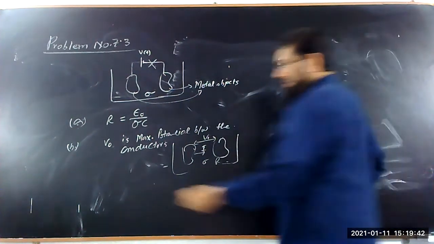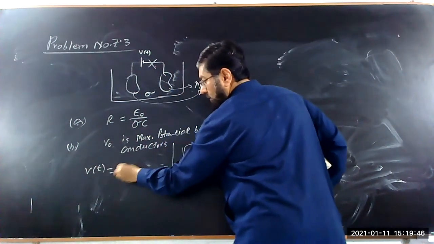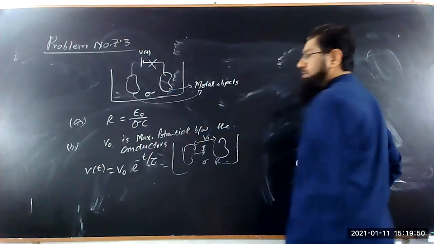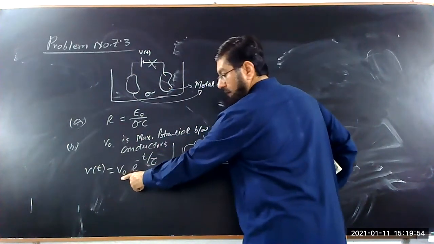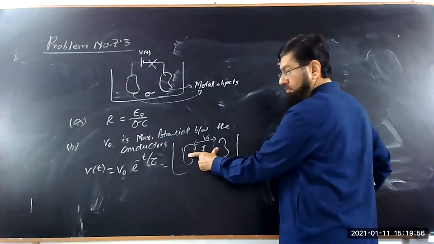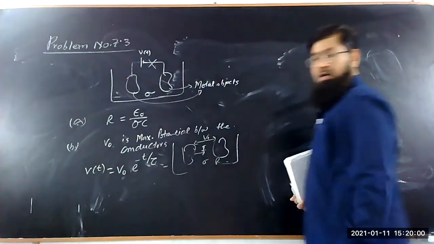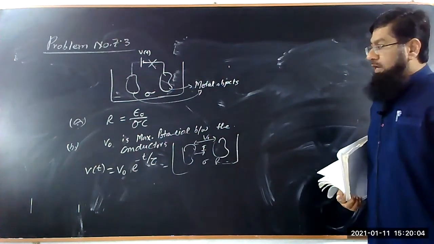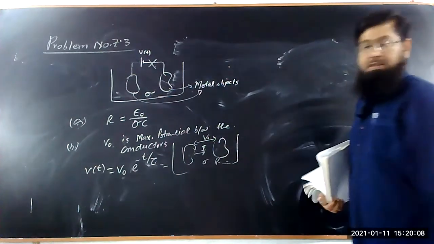The voltage decreases through the formula e raised to the power minus t upon tau. It means V of t, which is a function of time, is equal to the maximum voltage between them times e raised to the power minus t over tau. It is going down, and we have to prove this formula.